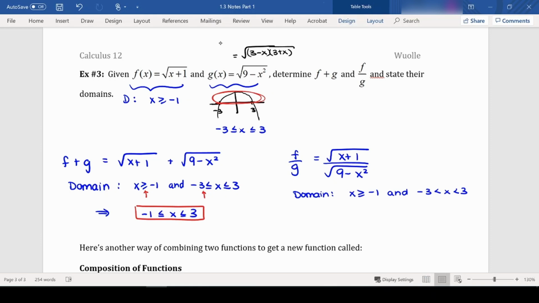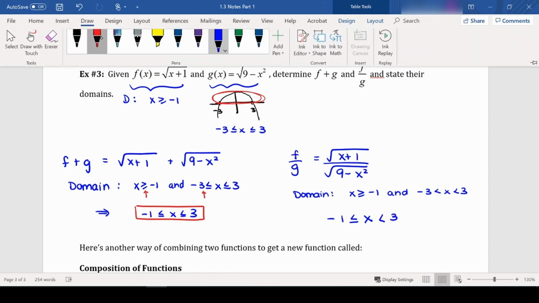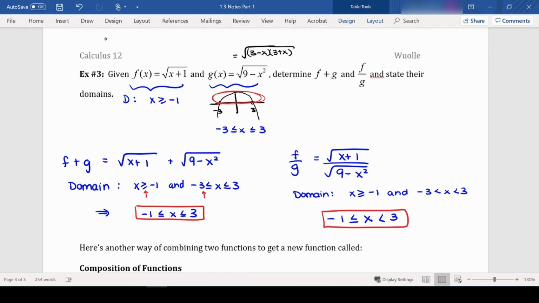Again, I'm going to take a look at both these and say, what's the smallest number I'm allowed? From my bottom, the smallest number is -3, or just a little bit bigger than that. But from the top, the smallest I can have is -1. So again, I need to include that -1 as my smallest number, and the 3 is my biggest number. So the only difference in the two domains here is that we cannot equal 3. If I were to do subtracting or multiplying, I would end up with this same domain I had for the adding.